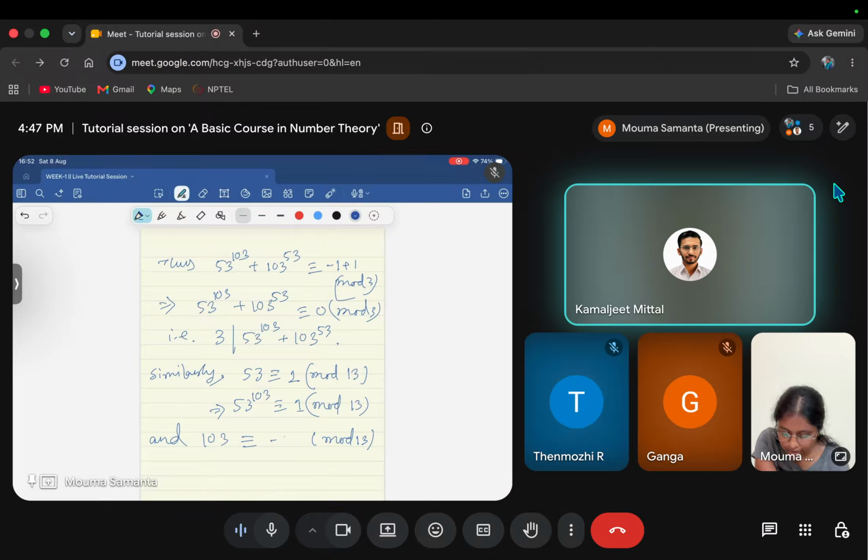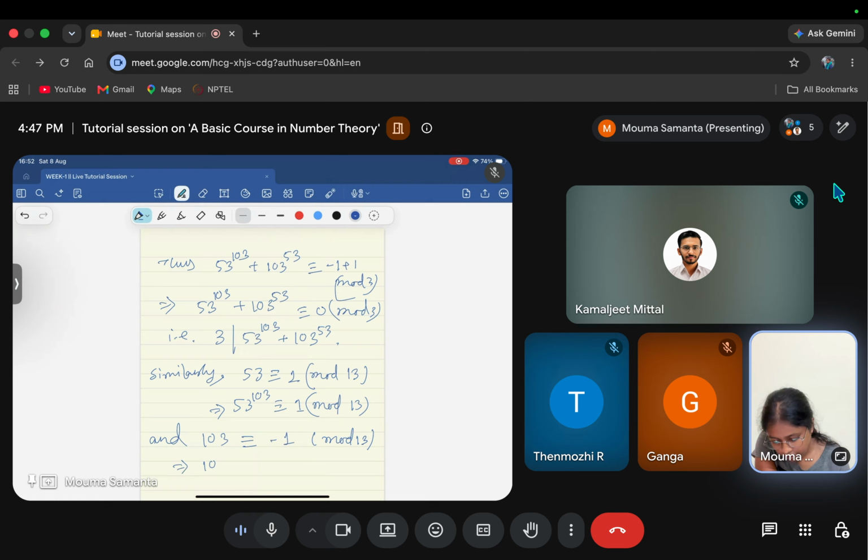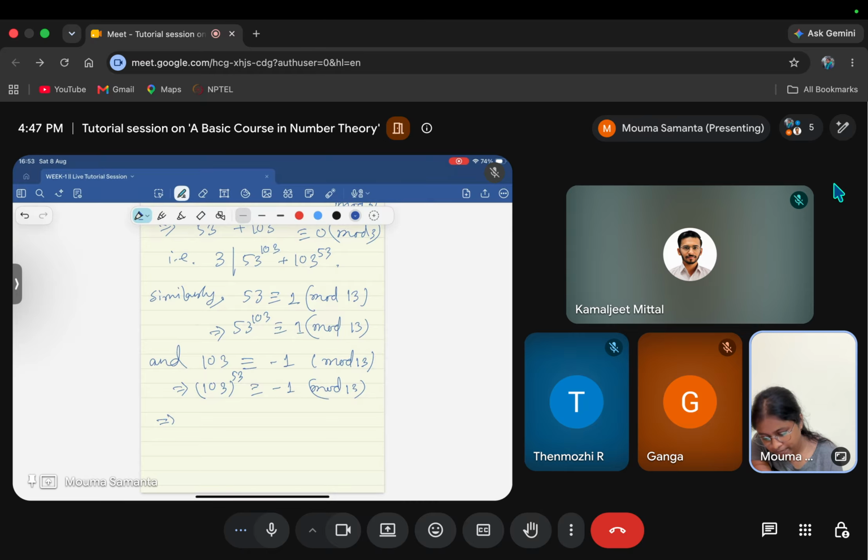Minus 1. Again minus 1. So that will give us 103 power 53, and we are taking odd power, therefore congruent to minus 1 again mod 13. This will give us 53 power 103 plus 103 power 53 congruent to 1 minus 1, that is 0 mod 13. So 3 is dividing that sum, 13 is also dividing that sum. Hence 3 into 13 together will divide that term.